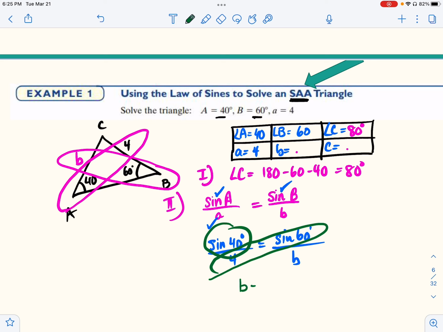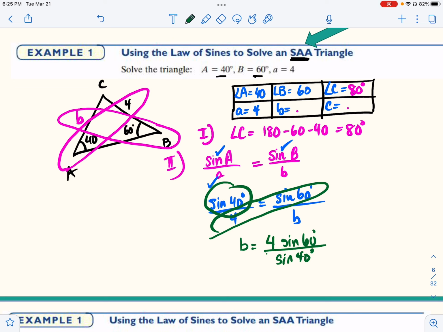So B is actually equal to 4 times sine of 60 divided by sine of 40.